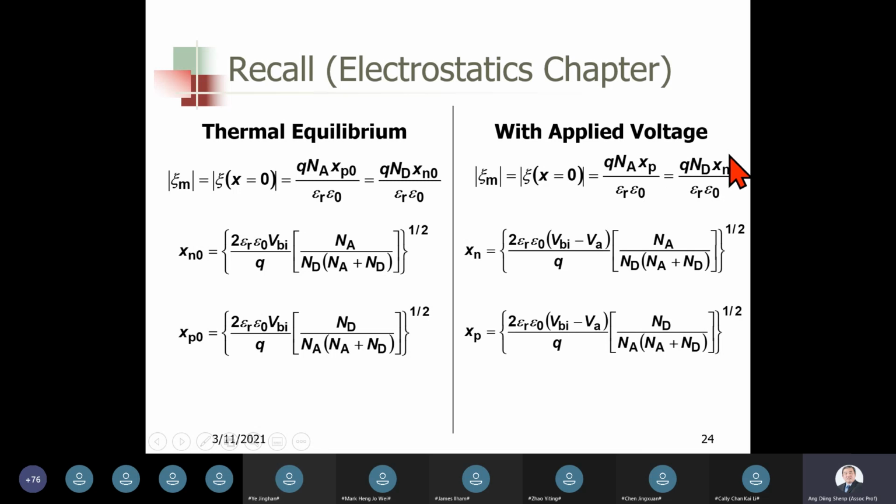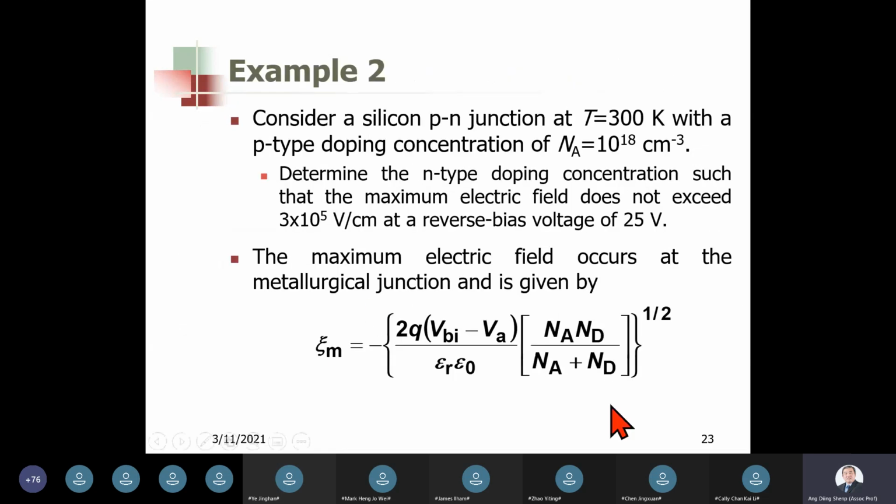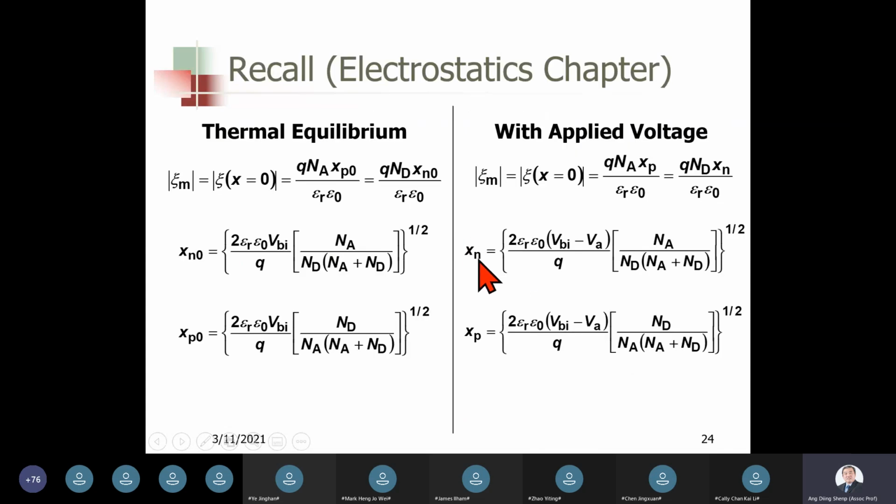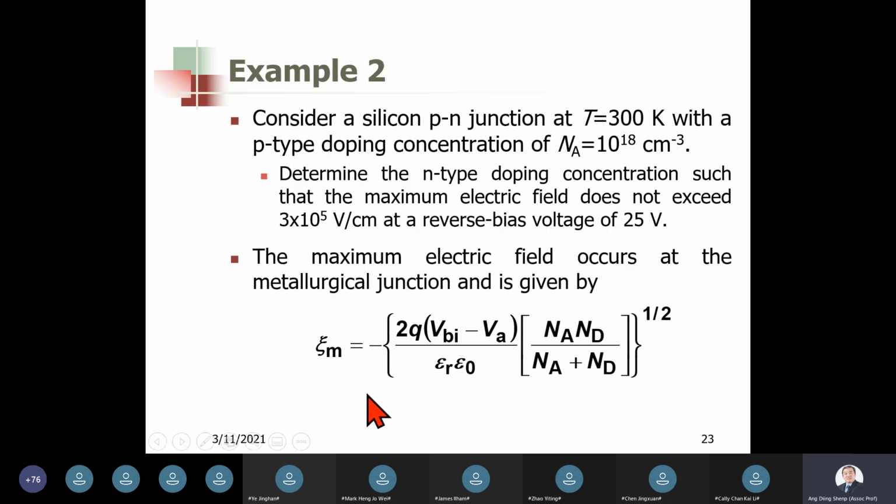But xp and xn are themselves given by these two expressions here. So to obtain this equation shown on the previous slide, all you need to do is substitute either xn or xp into this expression for the maximum electric field. After some simple algebraic manipulation, you should be able to arrive at this equation.